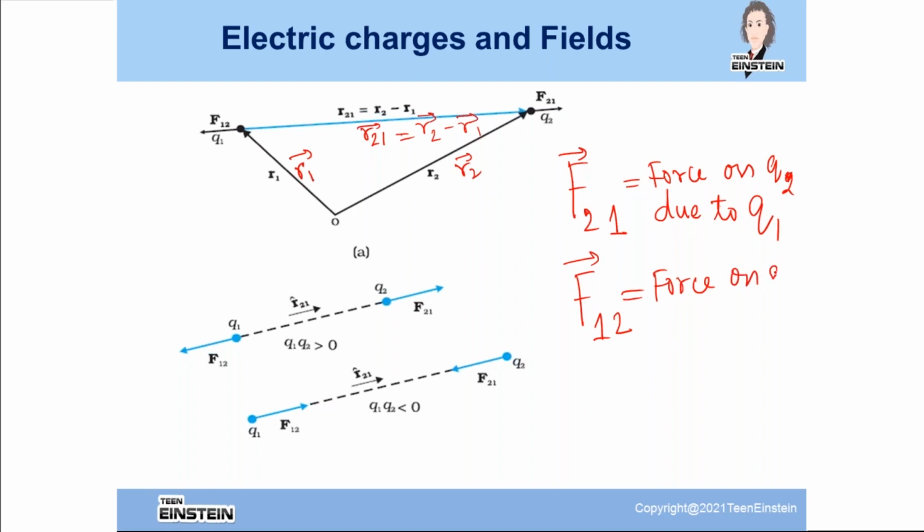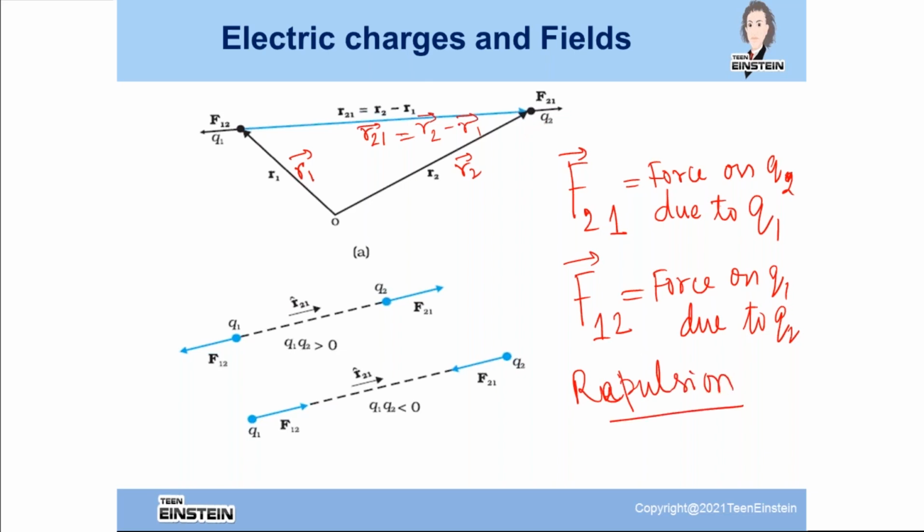And if I say the force on q1 due to q2, I'll write F12. This is the force on q1 due to q2. So these are the notations.